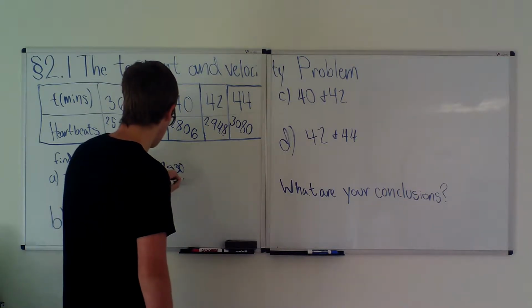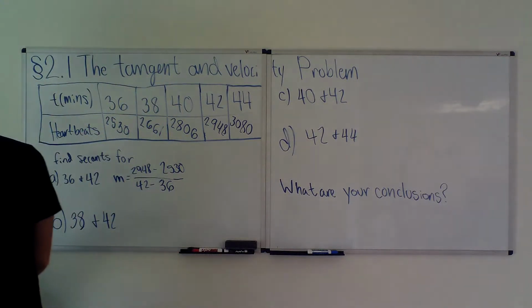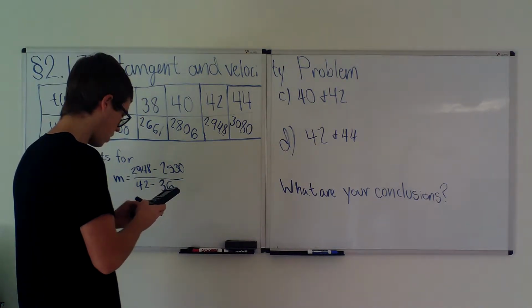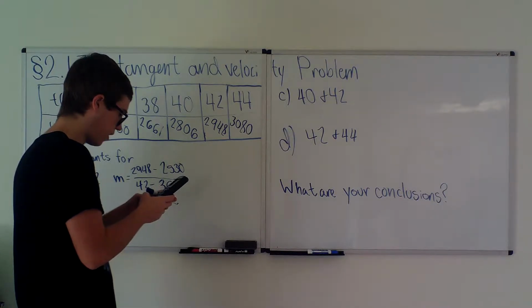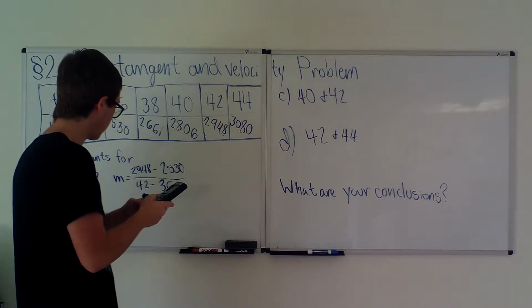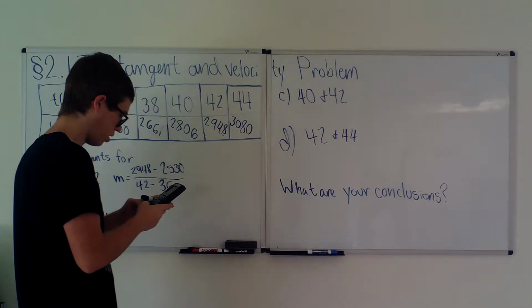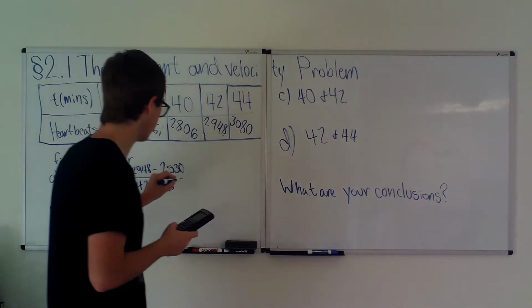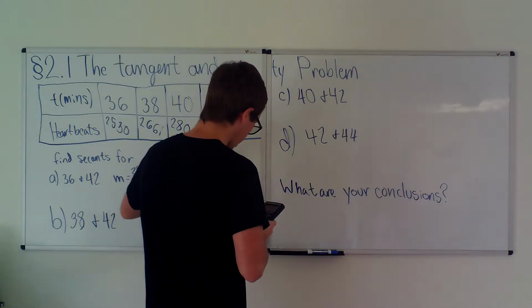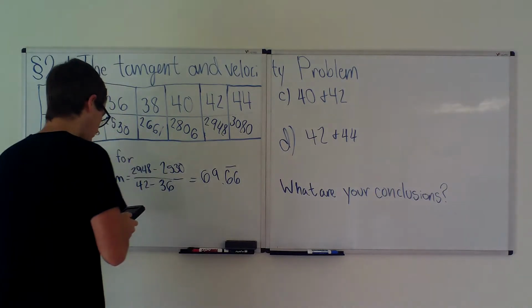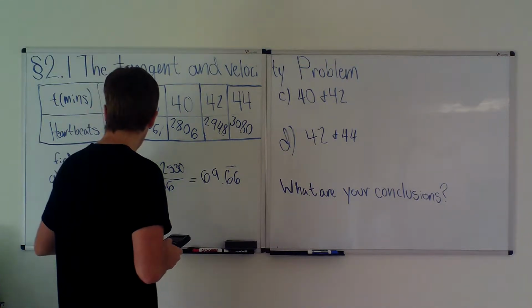So we'll just plug this into the calculator. 2948 minus 2530 divided by 42 minus 36, and that equals 69.66 repeating.